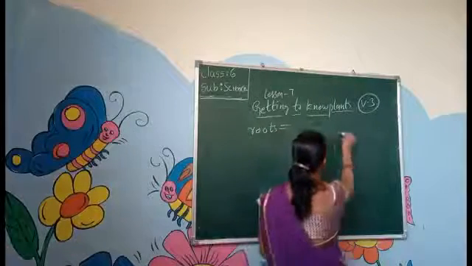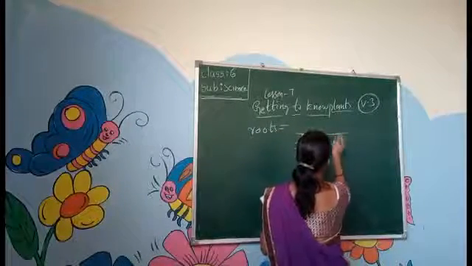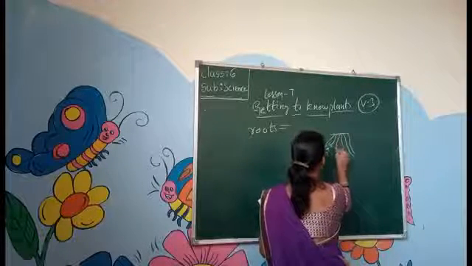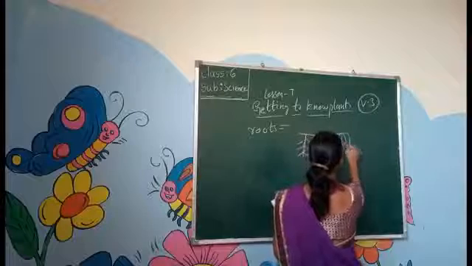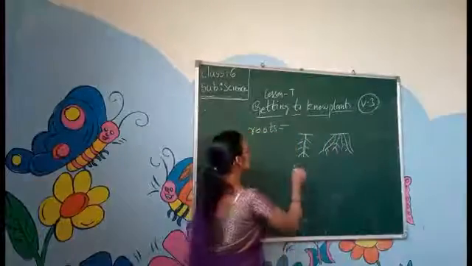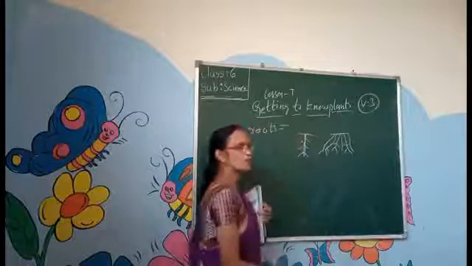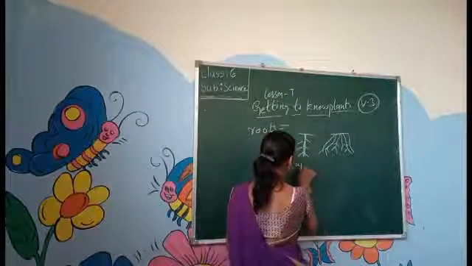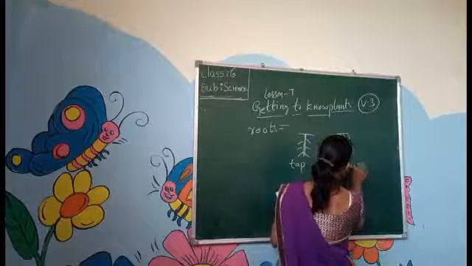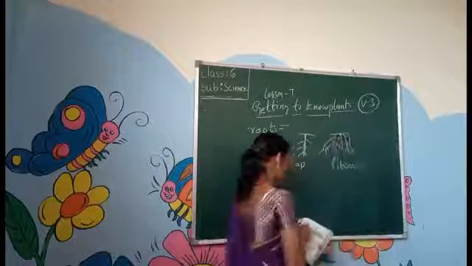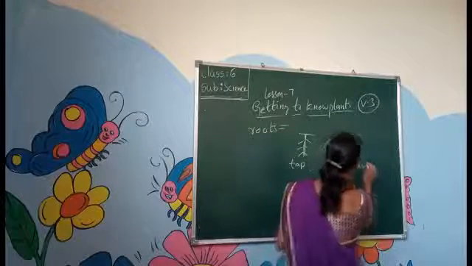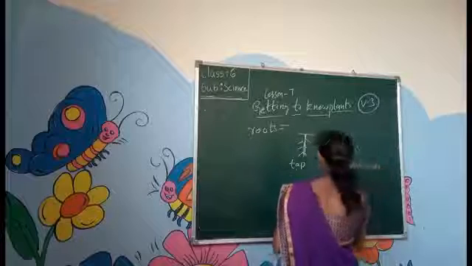But fibrous roots spread from the surface of the root, from the starting point itself, and there are so many roots here. Here this is only one root; this is called the taproot and this is called the fibrous root.